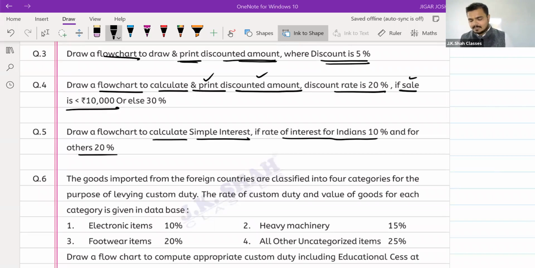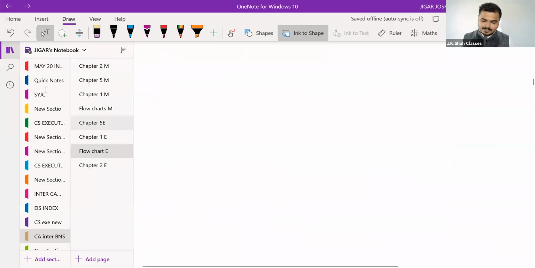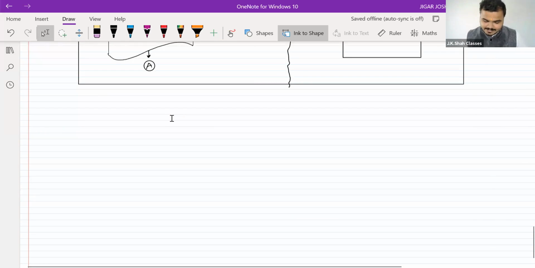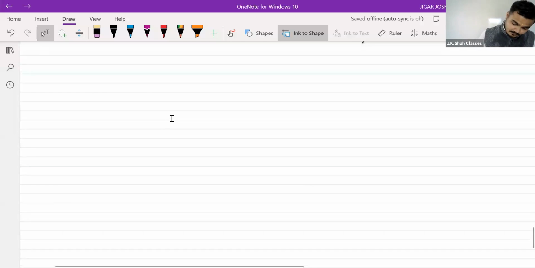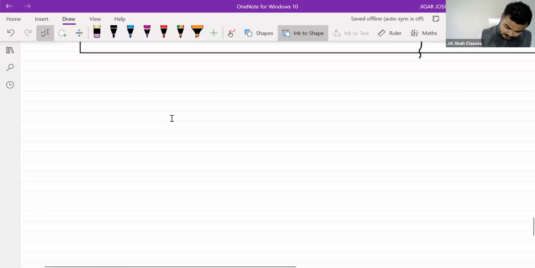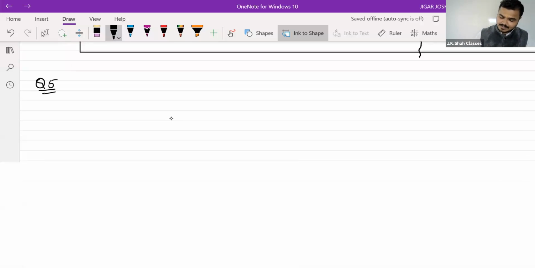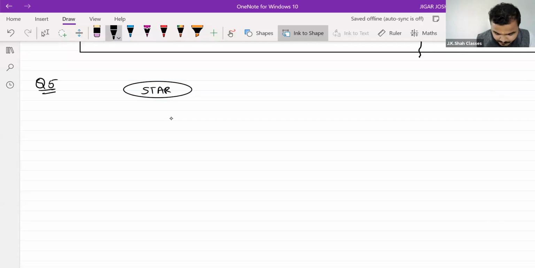So how to work out the solution? Let's check it out, people, in a more perfect manner. Going for the next question, my dear. Question number 5, sir. We'll start with start only.